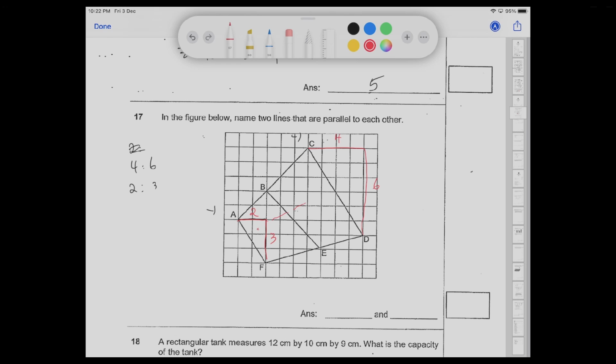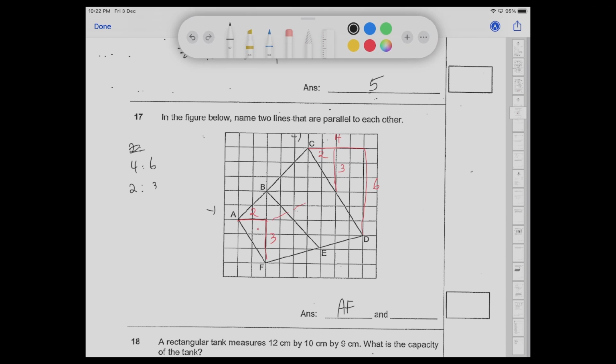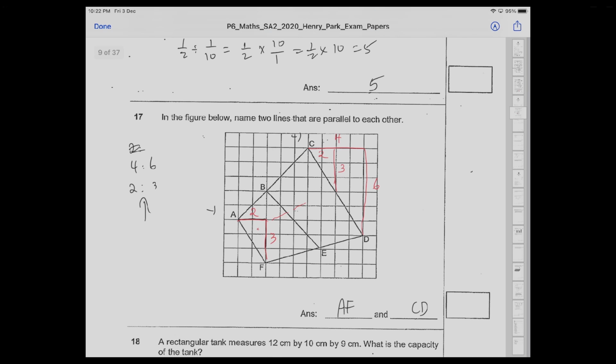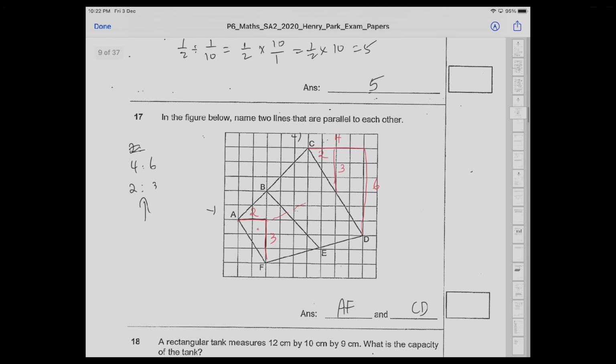Or you can also find this small triangle here. Length is also 2, height is also 3, which proves that it's parallel. Or honestly, you can solve this question by inspection. So it's just AF and CD. This method is just for your interest. If you're further interested, you can search up gradients of lines, which is covered in secondary school.